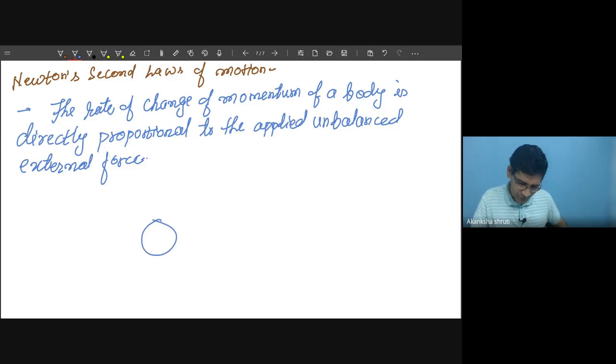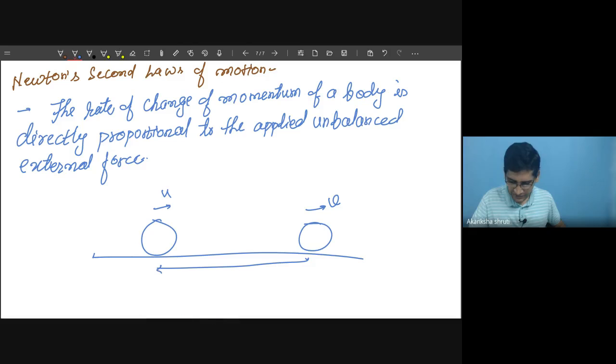It means if there is a body which is moving, while it is in motion, it must have some speed u. This speed has changed to v. For this it is taking some time t. The mass remains the same. Then this change in speed or velocity can occur only if the external force F is applied. This force must be the unbalanced force.